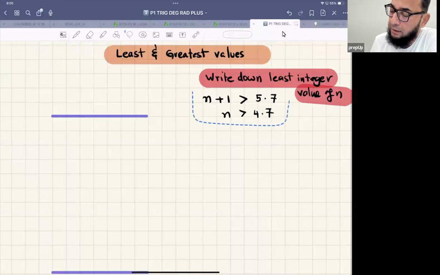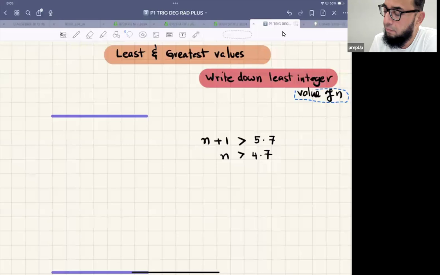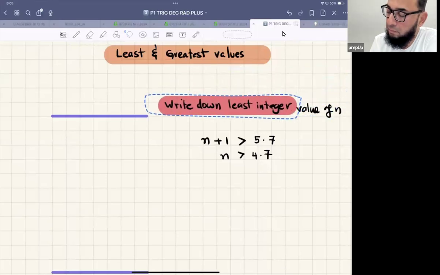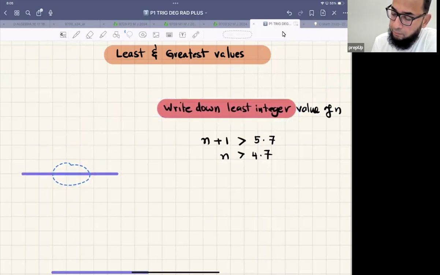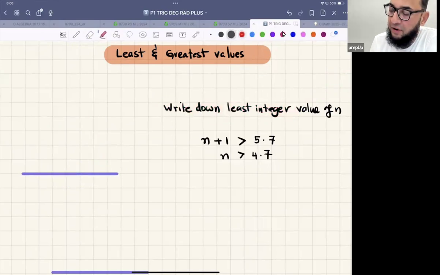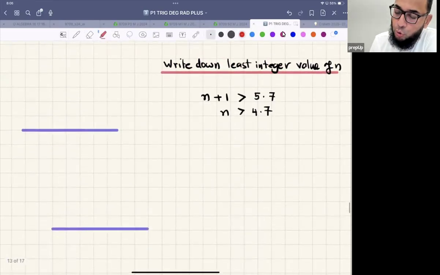So if I'm interested in writing down the least integer value of n, the question says n plus 1 is greater than 5.7.